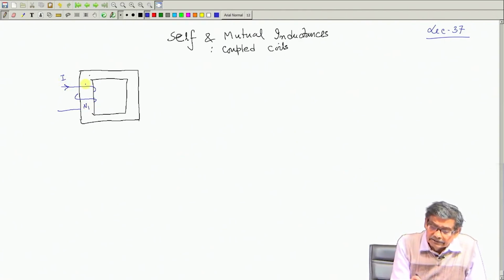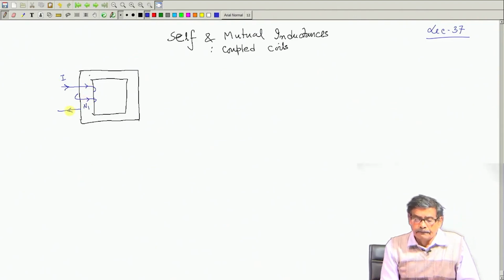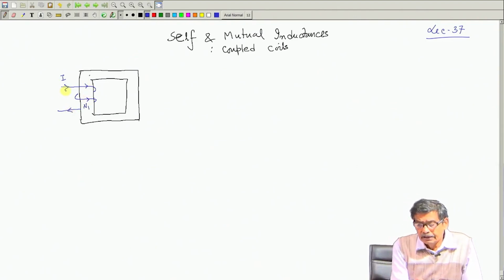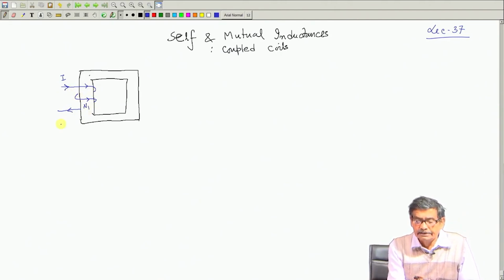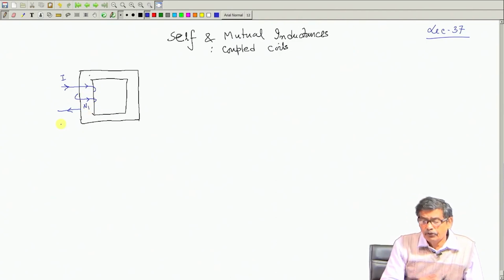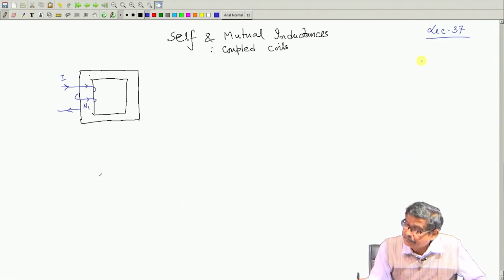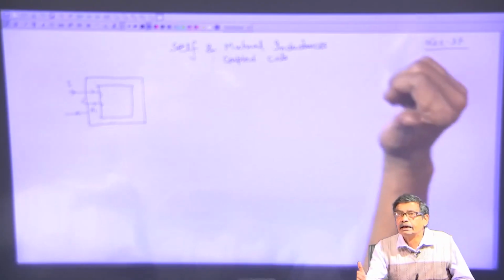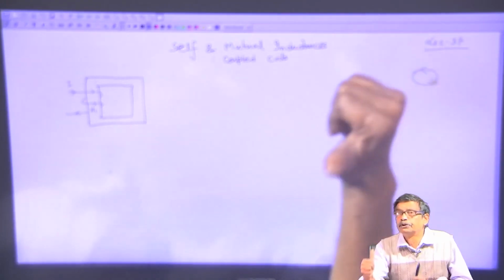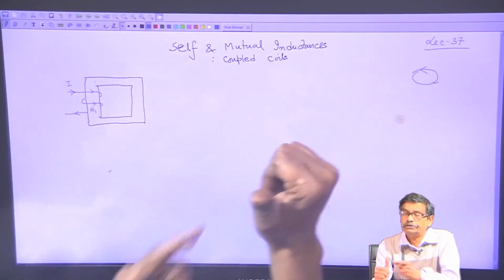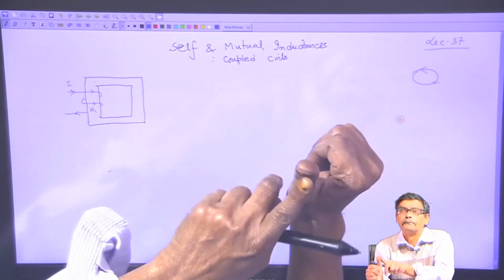The current flows like this. In this way, if you draw, we are showing correctly the sense of the winding. Now, when a current flows in a loop like this, there will be flux produced, the direction of which will be indicated by the thumb.